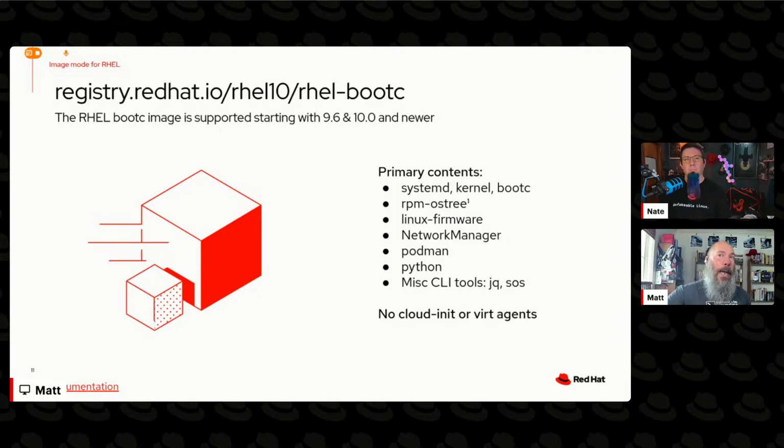These images are 1.5 gigs. It has a kernel, systemd, grub, firmware, and network manager, all sorts of things you never need to put in a container to run an application, because they're not containers in that sense. That's why I talk about them as bootc images and not container images, because these are full RHEL hosts.